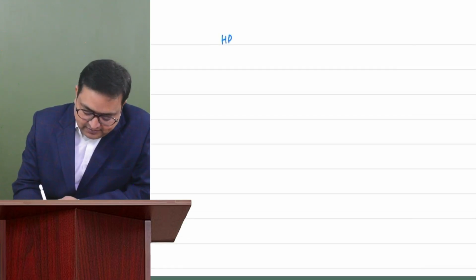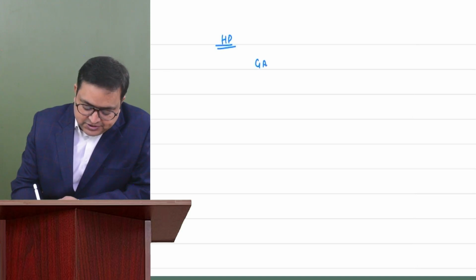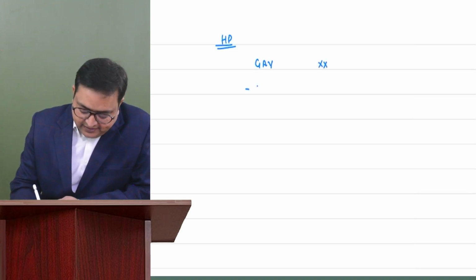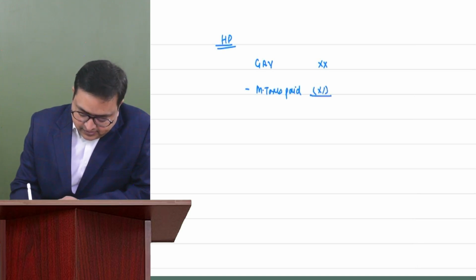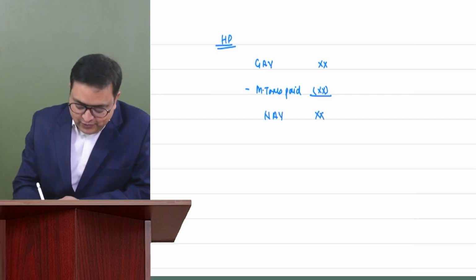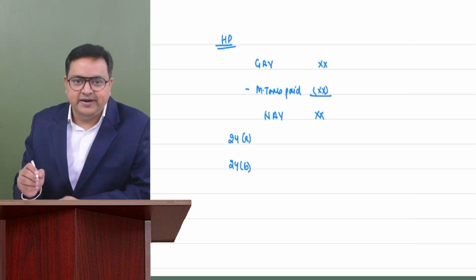See, first of all, how is house property income computed? First of all, you have to compute GAV, gross annual value. This GAV minus municipal taxes paid, this amount, you will get NAV, net annual value. From net annual value, you have to subtract only two deductions, 24A, 24B. Even if you don't remember the section number, it's completely fine.